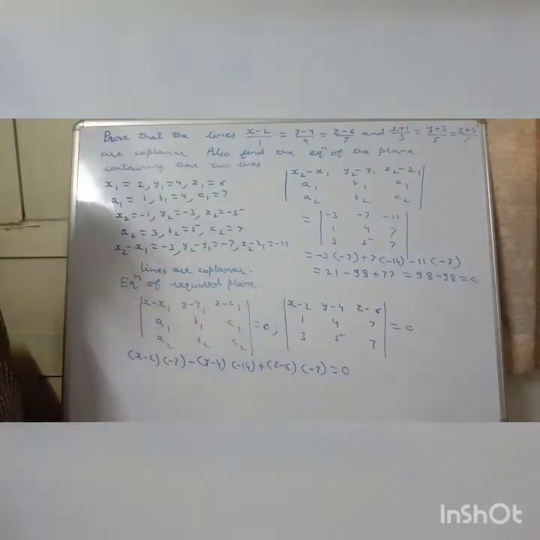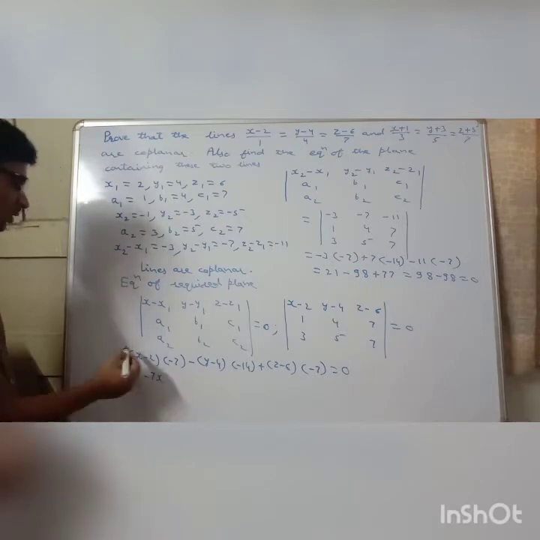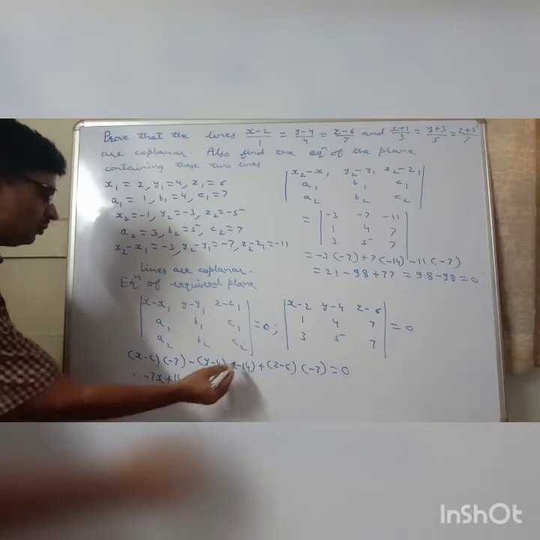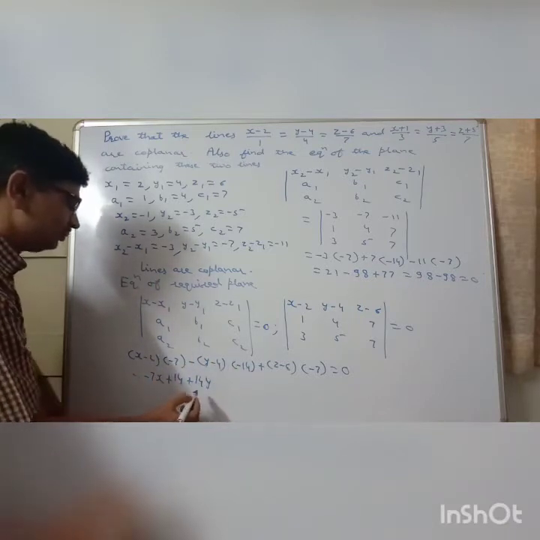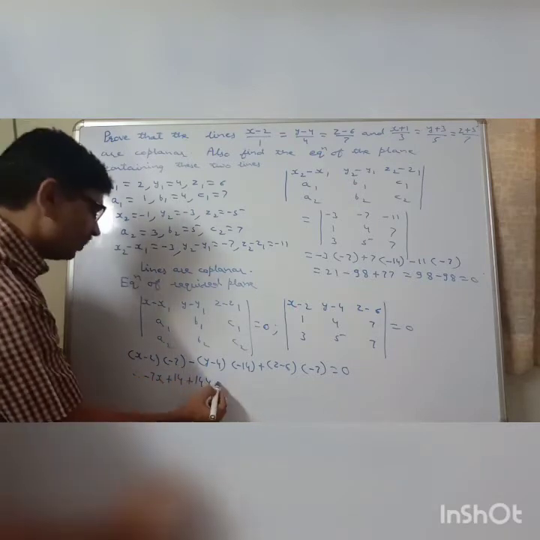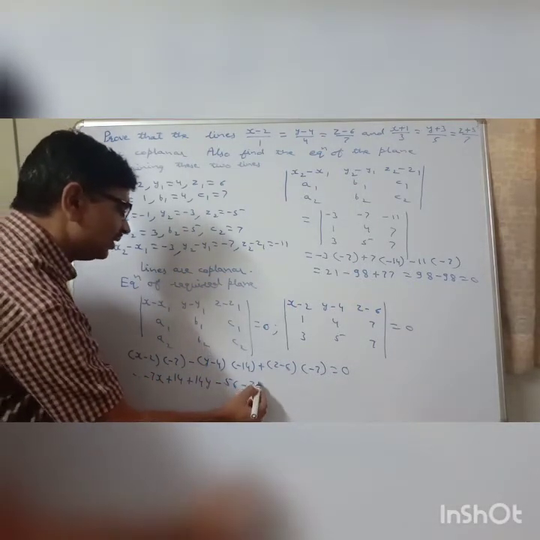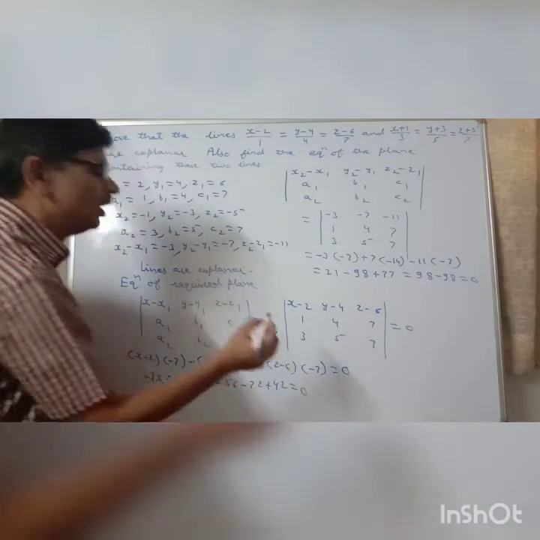Now simplify the equation. Minus 7x, open the bracket, plus 14, minus minus plus 14y, minus 56, minus 7z, minus minus plus 42 equal to 0.